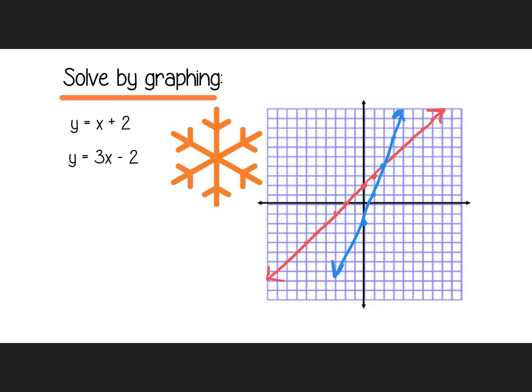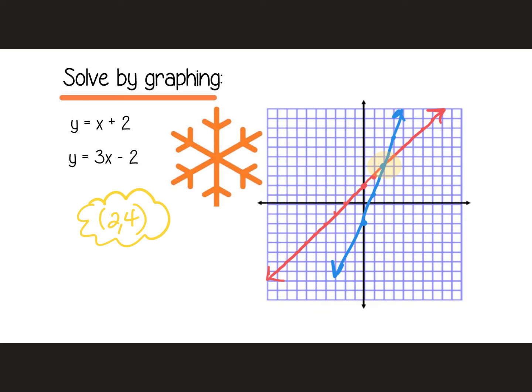Okay, so now the solution is going to be wherever the two lines are intersecting. So it is right there. And that point would be the point (2, 4). So (2, 4) would be our solution.